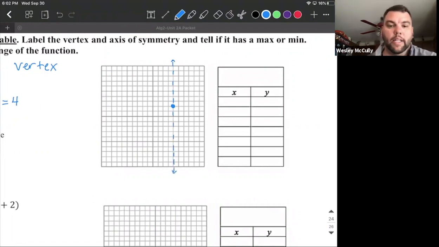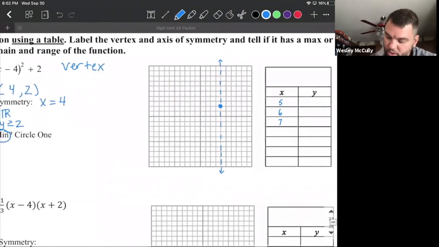That vertical line. Notice I use a dashed line indicating that it is not part of the solutions. And now I'm going to use the t-chart and I'm going to pick values to the right of the vertex. So I picked x equals 5, 6, and 7.